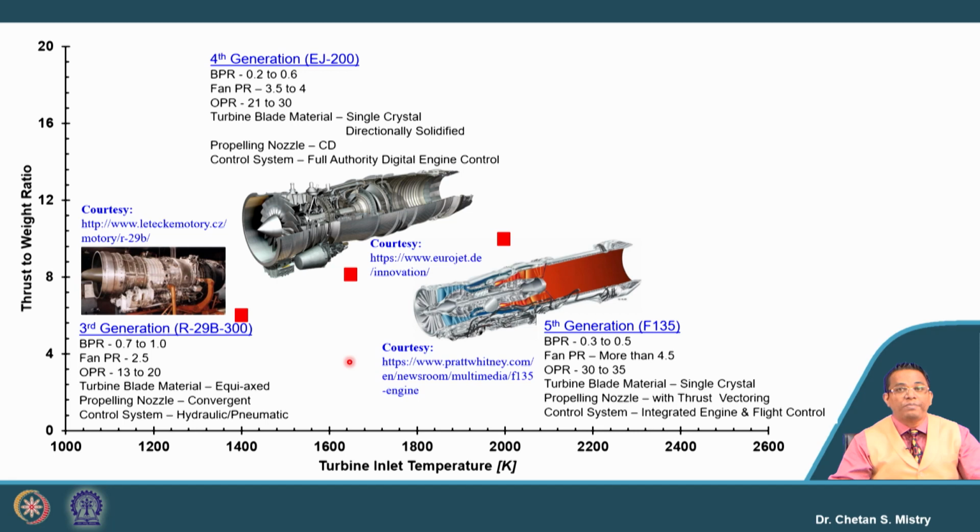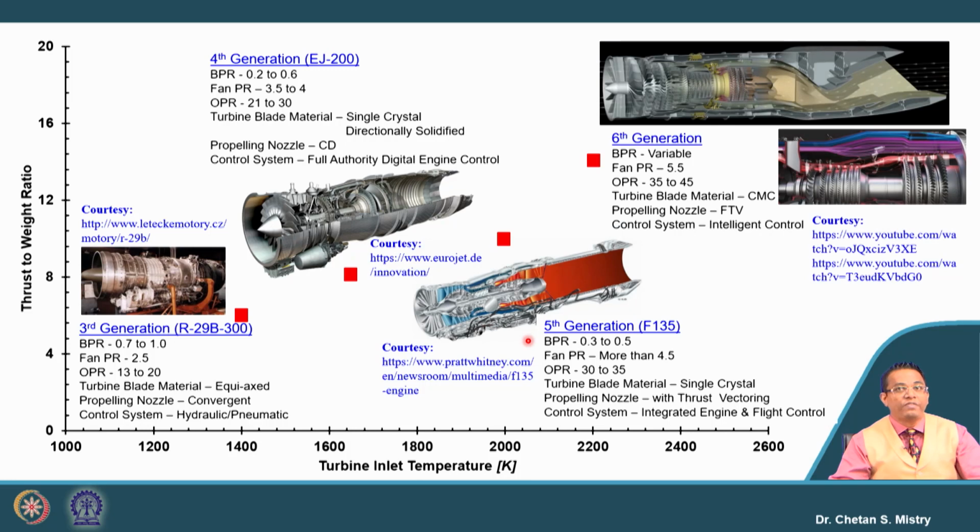At the same time the material is single crystal blade, and the propelling nozzle has thrust vectoring, and the control system is integrated engine and flight control. Basically, what we are discussing decides the generation of the aircraft. Here the thrust to weight ratio is roughly in the range of 10.